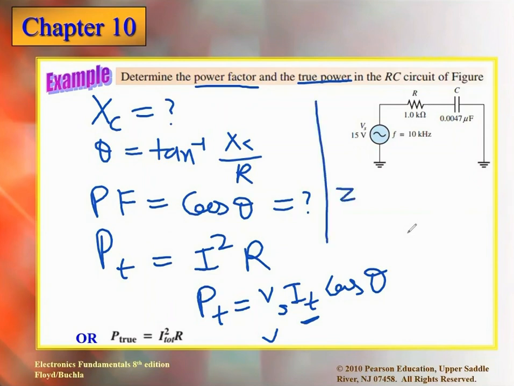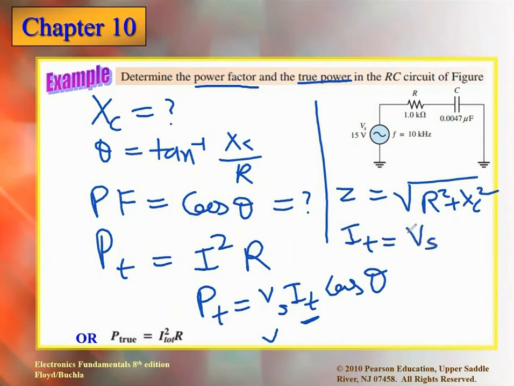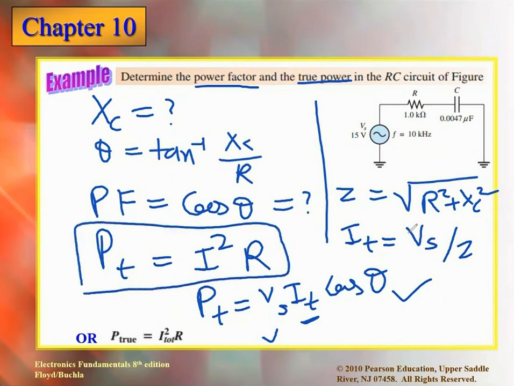So Z we can calculate first. It is the square root of R square plus X square. Once you get it, it is easy to calculate IT. What is IT? IT is VS over Z. Just get it, then put it in this formula, or you can apply this formula also, correct? By using cos theta or by using this one, the value will always be the same.